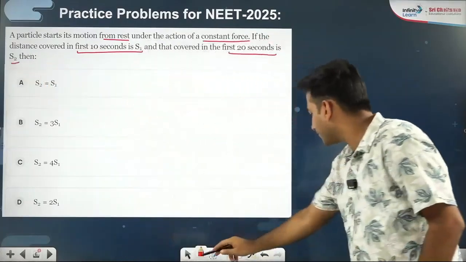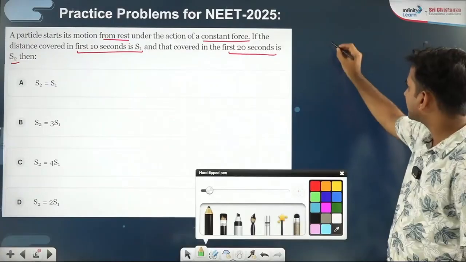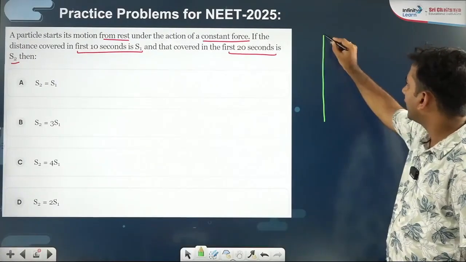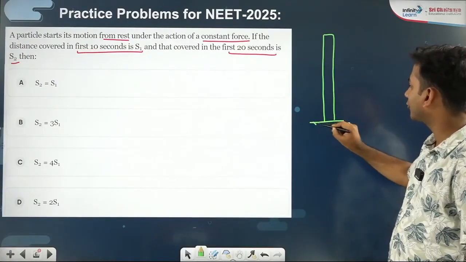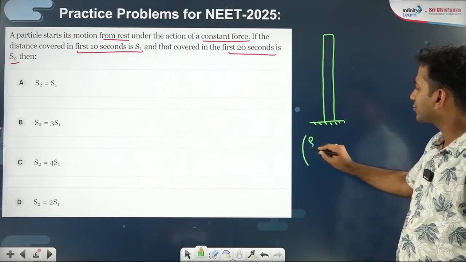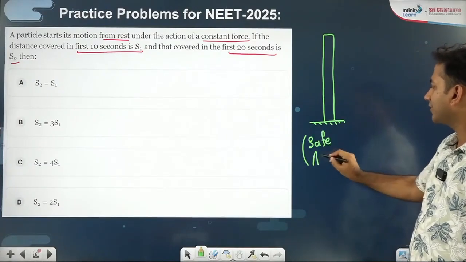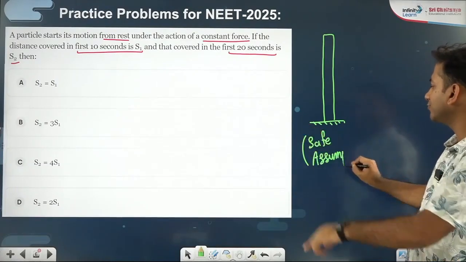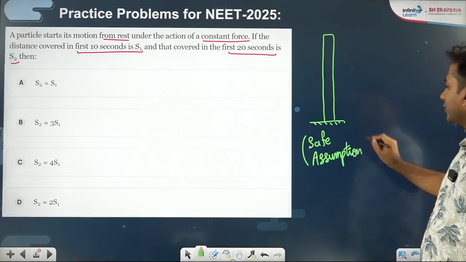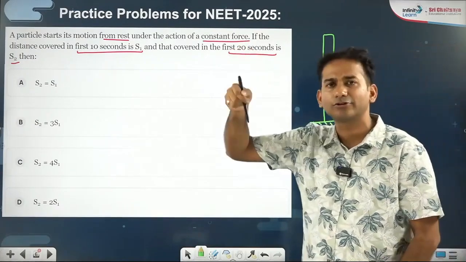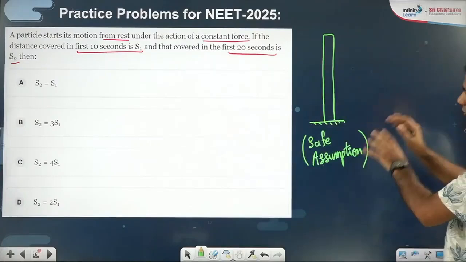Now what does that mean? Imagine as if you are getting dropped. Safe assumption that this type of motion can also be related to motion under gravity. This constant force can be your constant weight. So safe assumption is this.